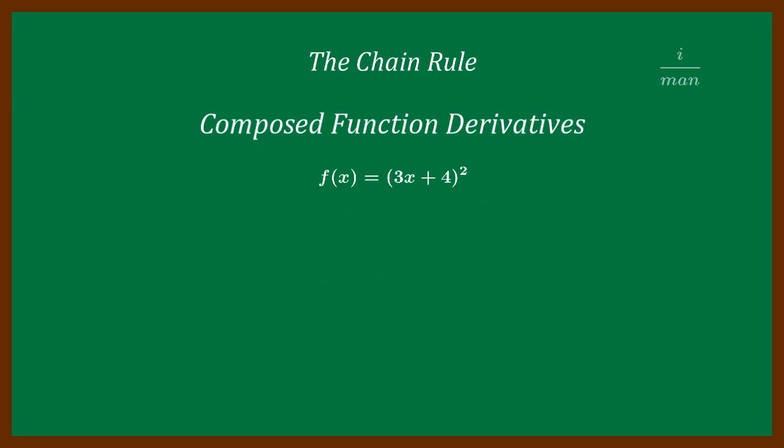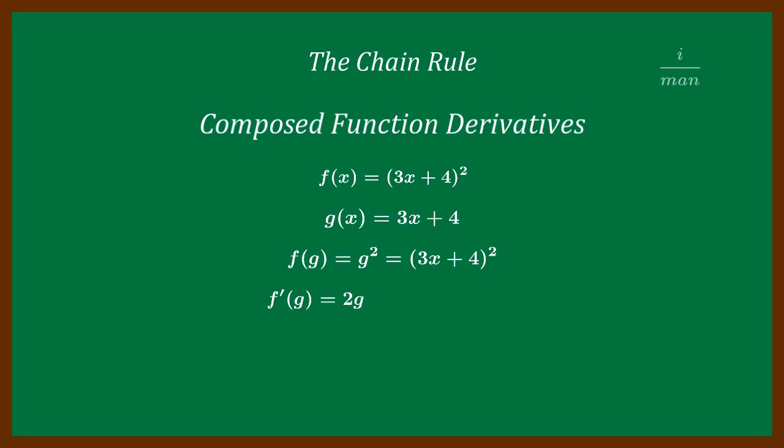Suppose we have the function f of x equals 3x plus 4 all squared. If we call what's inside the parentheses, 3x plus 4, g, then we have g of x equals 3x plus 4, and f of g is g squared. So in order to get the derivative of f with respect to x, we first take the derivative of f with respect to g, which is 2g.